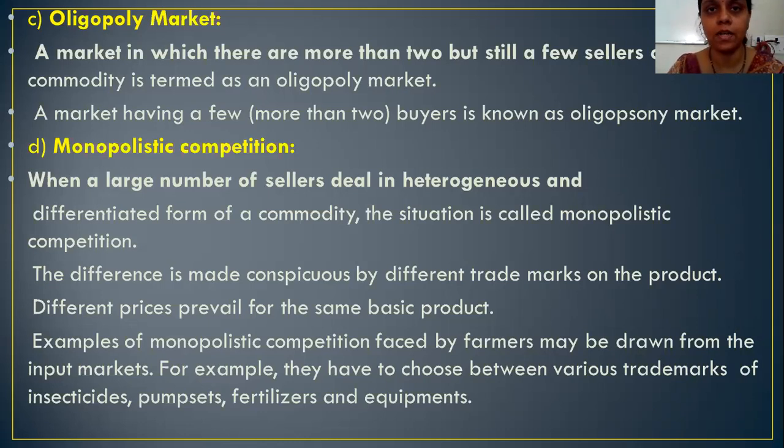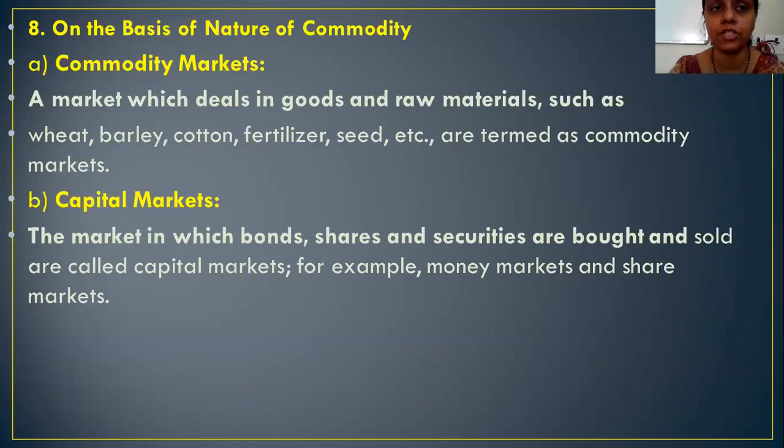So you understand that on the basis of degree of competition, two types of marketing conditions exist: perfect competition and imperfect competition.